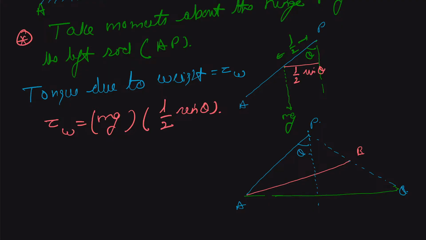Because we know this angle is our theta, and this is 90, so obviously this will be 90 minus theta, and in the other triangle this is 90, so this angle will be our theta.